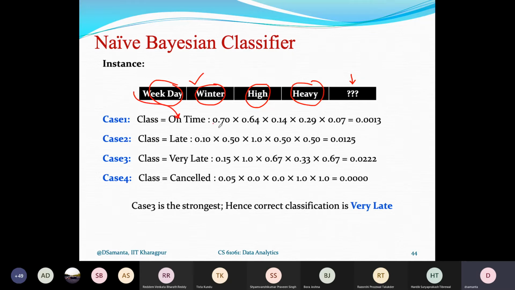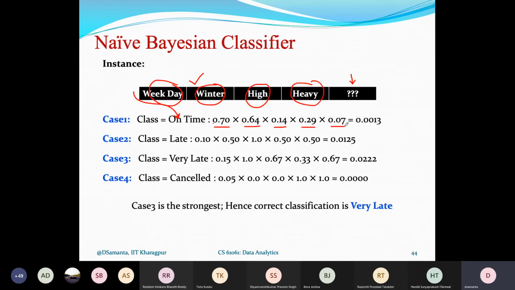Here, this is the prior probability 0.70 that a record belongs to on time, and this is the posterior probability that the day is weekday, the posterior probability that the season is winter, the posterior probability that fog is high, and the posterior probability that rain is heavy.